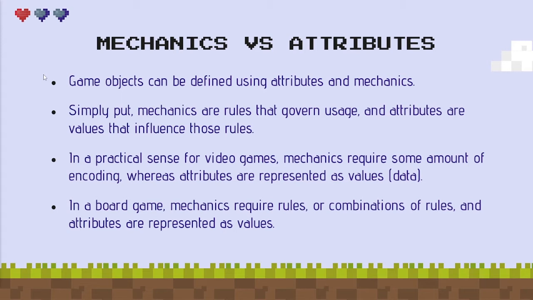Later on, no, we'll be providing a list or different types of list ng mga possible na pwede natin gawin na attributes for your game characters or dun sa game na gagawin nyo depending on how you're going to design the game. So in a practical sense, for video games, mechanics require some amount of encoding, whereas attributes are represented as values.